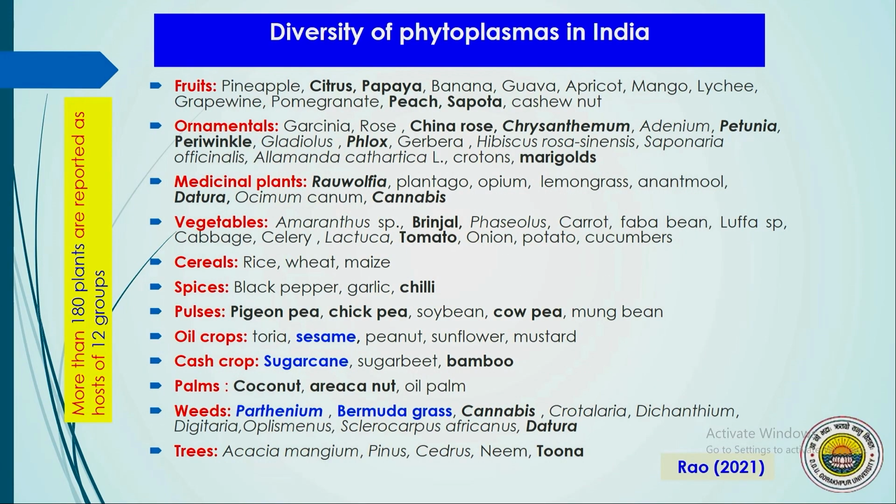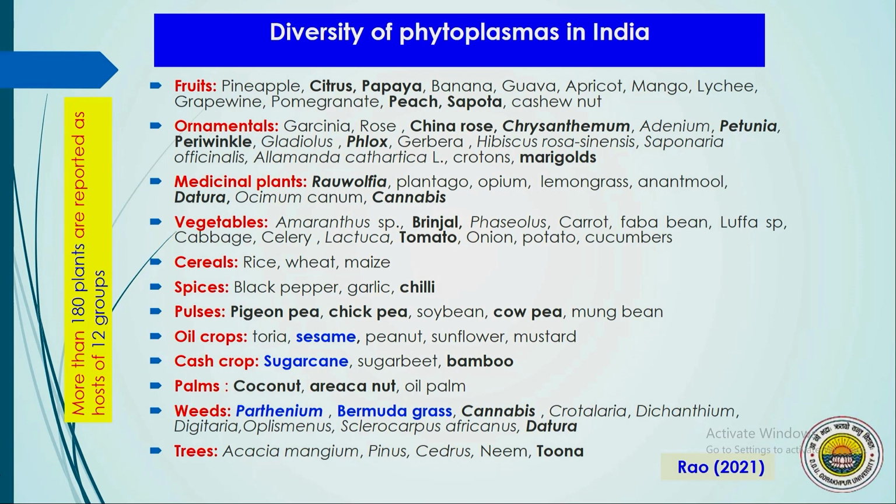Here you can see the real diversity of phytoplasma. You won't find a single crop in India which is not infected with phytoplasma, starting from fruits, ornamentals, medicinal plants, vegetables, cereals, spices, pulses, oil crops, cash crops, palm, wheat, and trees.